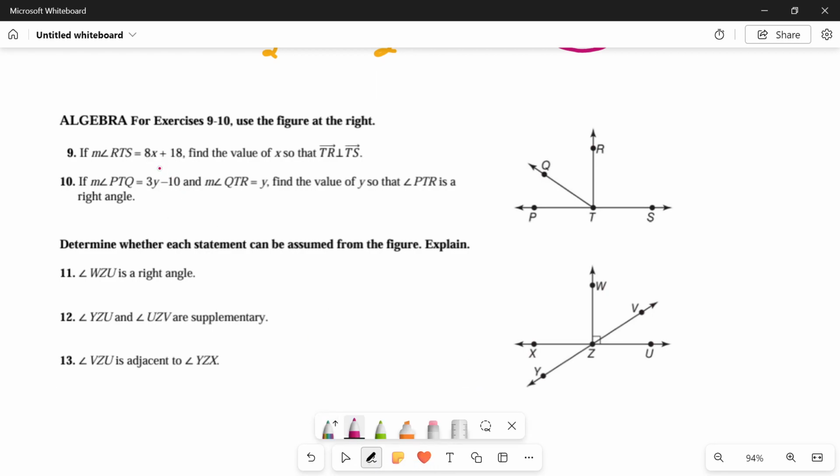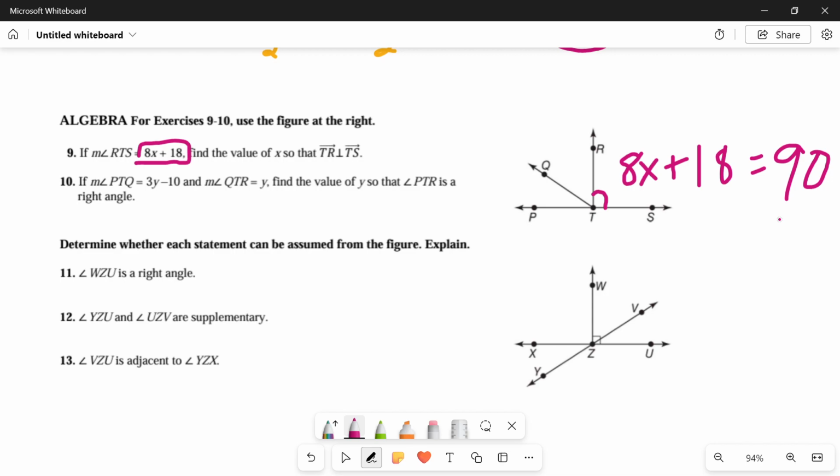All they're really saying is take this value, assign it to this angle, and then tell us what we would put in for X so that this could be equal to 90. So in other words, 8X plus 18 equals 90.